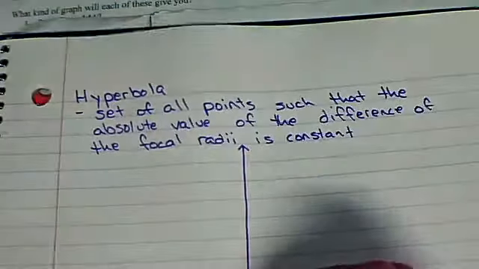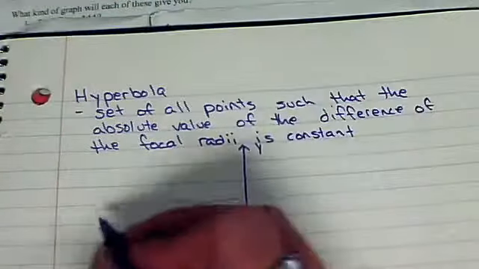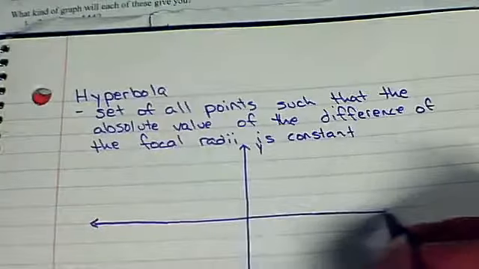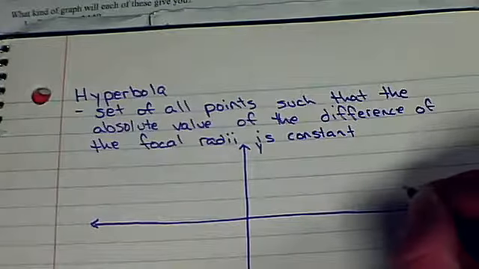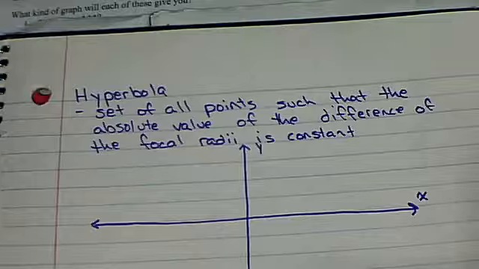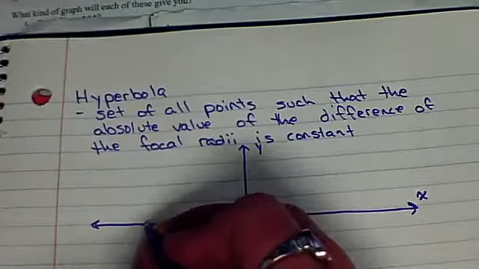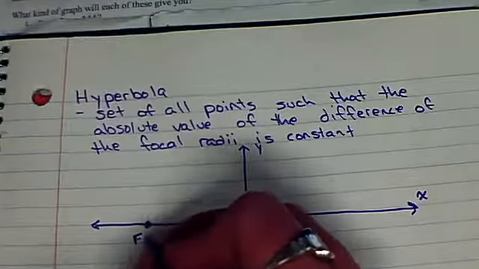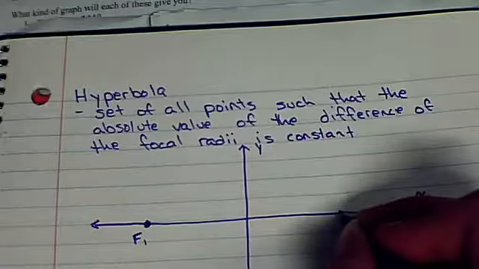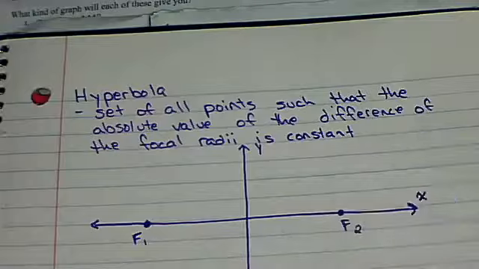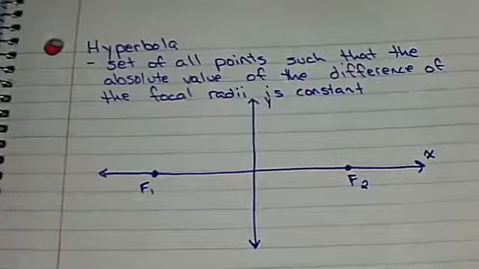All right. Here's our y-axis. Here's our x-axis. We're still going to have our foci. Let's put one here, F1. We're going to put one here. And we still have our center and all of that good stuff.